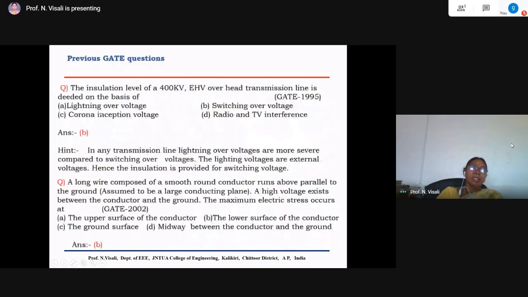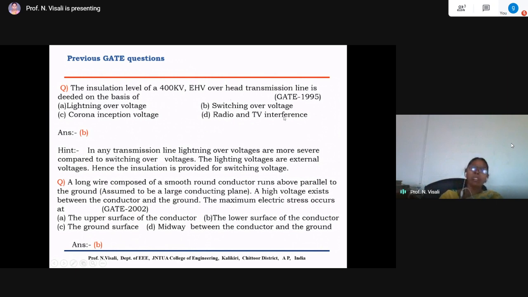Then, the insulation level of a 400 kV EHV overhead transmission line is needed on the basis of lightning over voltage, switching over voltage, corona inception voltage, radio and TV interference.